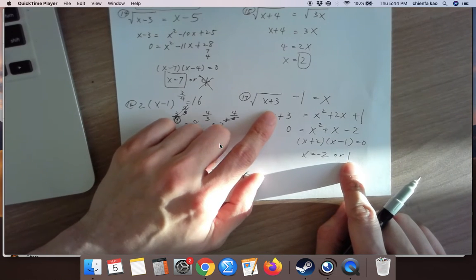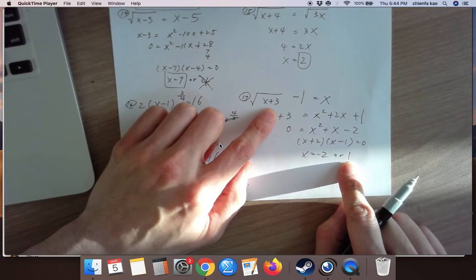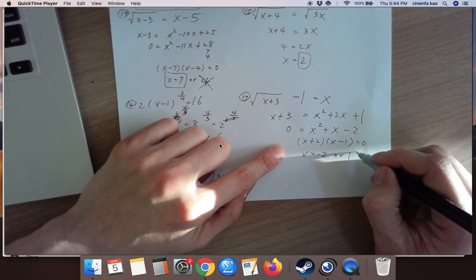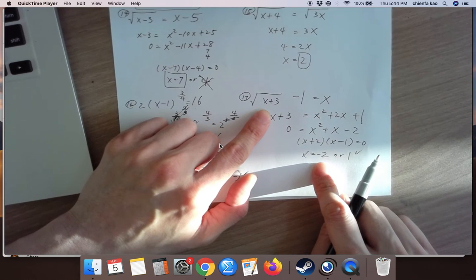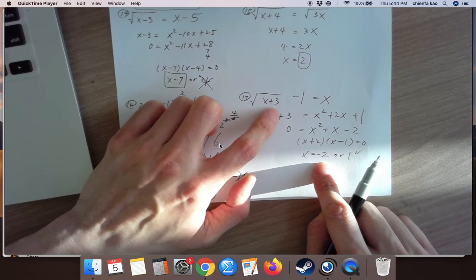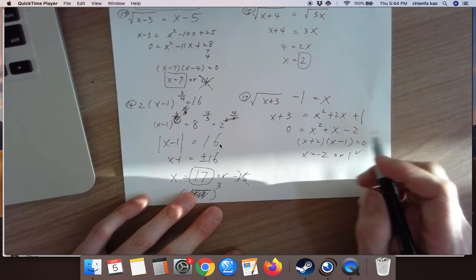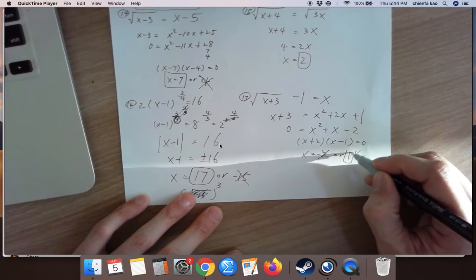You put the numbers back in. 1, that's 4. Square root of 4 minus 1 is 1. So this one works, definitely. All right, negative 2. Negative 2, you plug that in, that becomes 1 minus 1 does not give 0. So this is not the answer. So this is your answer.